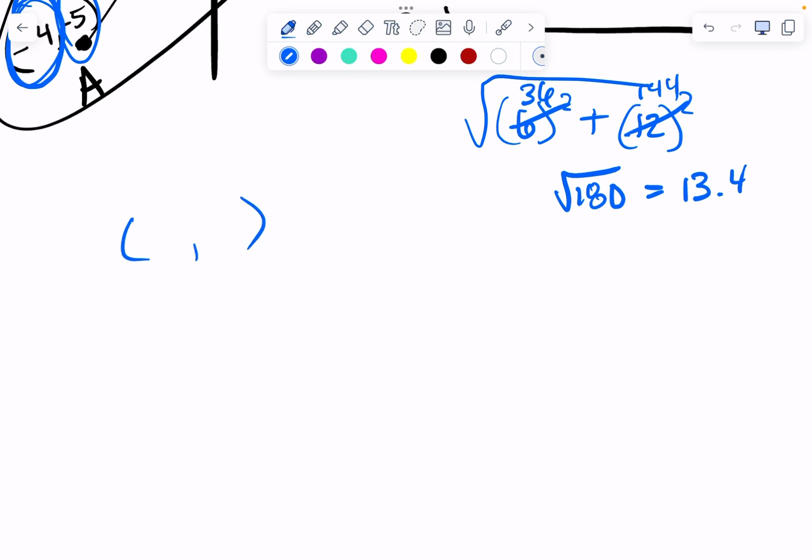Okay, all right, one more. Just do the distance. -3, 5, and 7, 12. That's your midpoint.